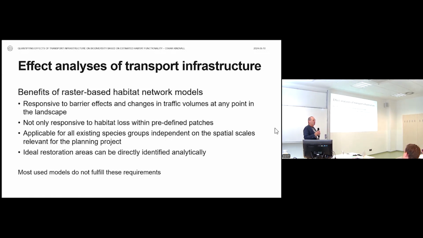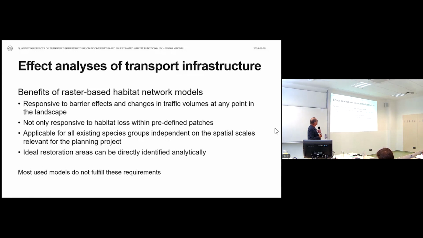In this approach, you focus on every pixel in terms of quality and connectivity. The benefit is that you get something really responsive to the changes imposed by new transport infrastructure of different kinds, even if it doesn't hit any habitat. And the mitigations also work very well with this approach.